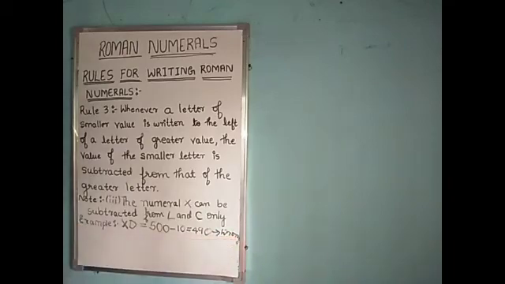We can't write 490 as XD in Roman numerals because the numeral X can be subtracted from L and C only. It cannot be subtracted from D. So how can we write 490?